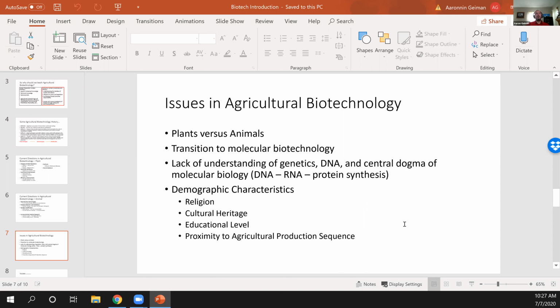Agriculturalists seem to be more willing to accept biotech because it makes them earn money better, or widens their profit margin in some cases, or diminishes their input costs. And so you find that people that are farther and farther away from production, processing, and even marketing of the ag products, as you move away from producer and more towards the consumer end of the continuum, you see issues become more prominent.